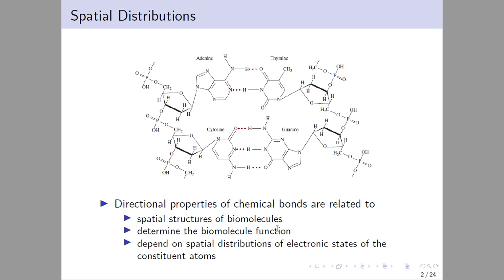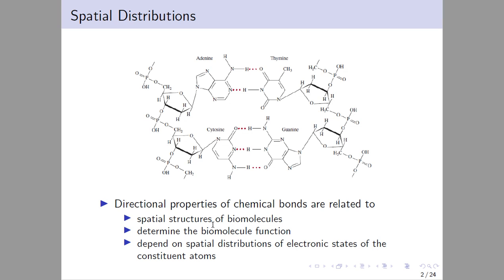If this molecule is in a different position, or a different conformation, it will not be active, it will be passive. When it goes to the certain configuration, then it will be active.